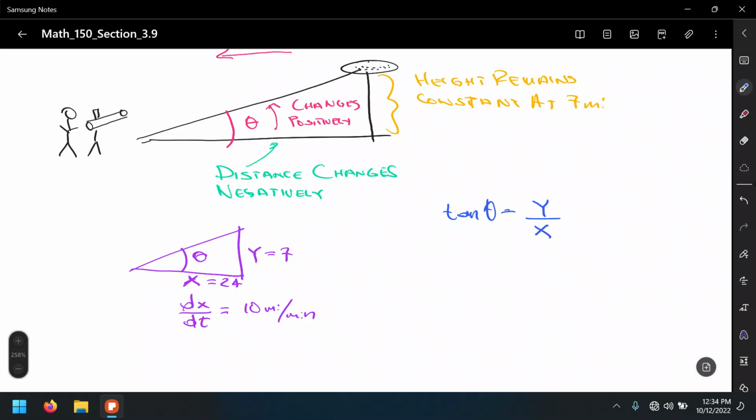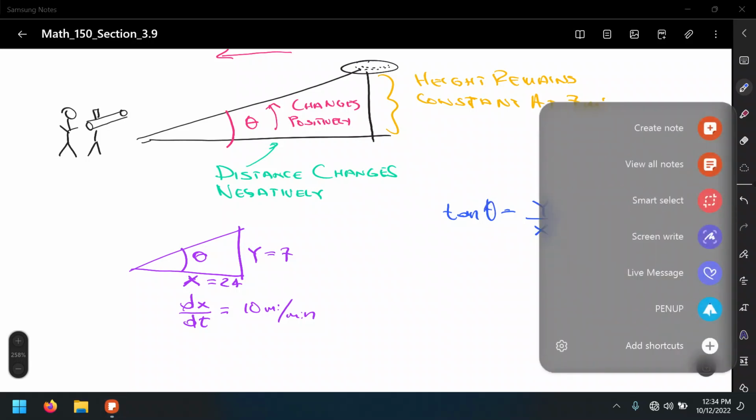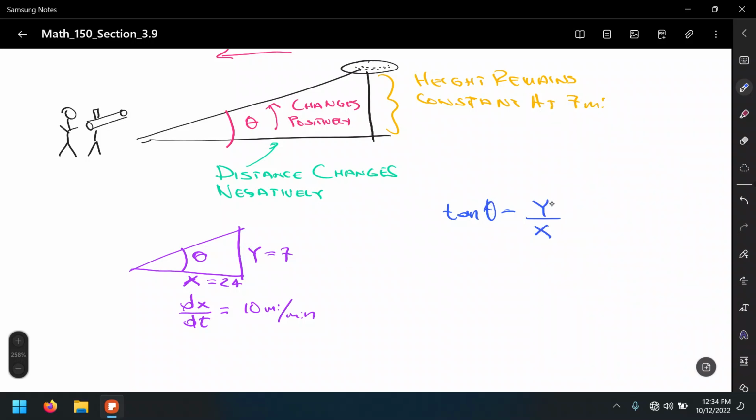Okay, in plain variables for now. Now the question is, again, we already did this a few times: before plugging in numbers or doing any calculus, is the angle changing? Yes. Is y changing? No, so we can go ahead and plug in for whatever doesn't change. That's going to be 7. Is x changing? Yes, it does, right?